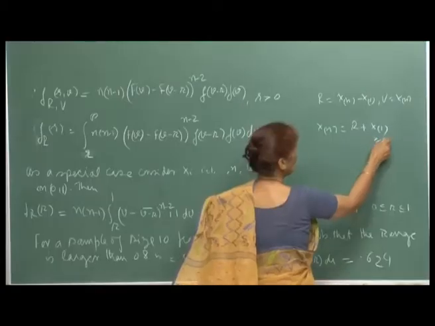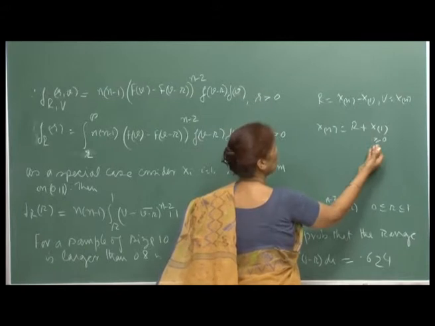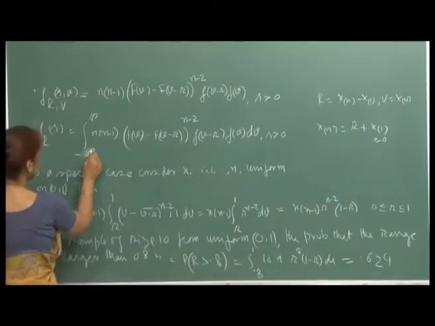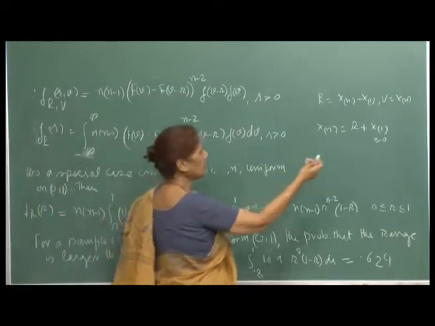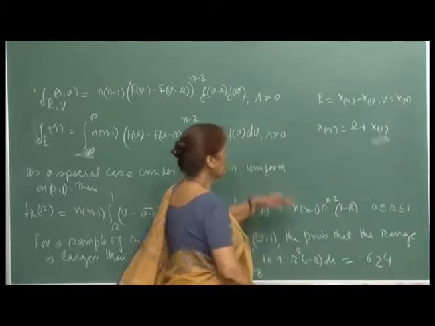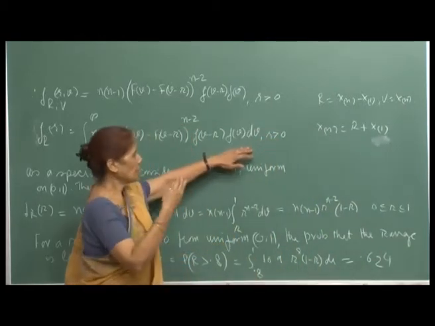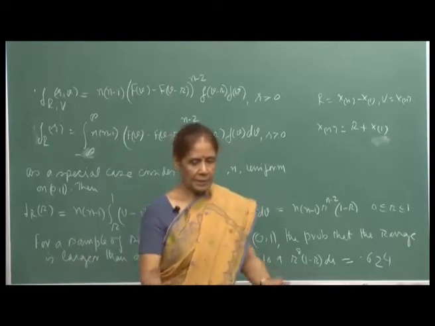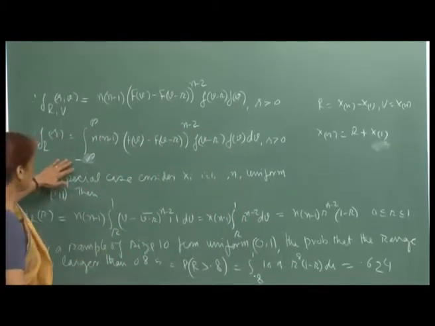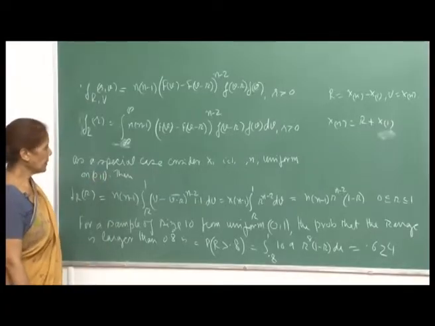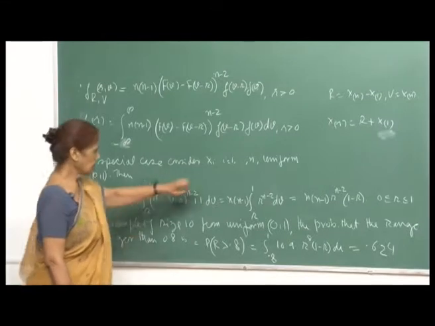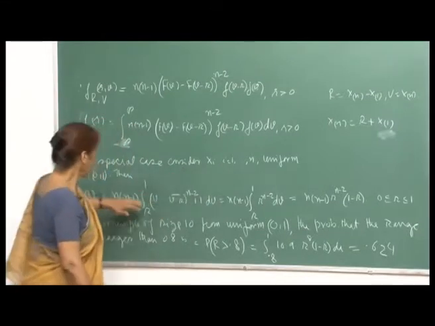So, since this is non-negative, then fine. In general it would be minus infinity, because x 1 in general we are allowing to vary from minus infinity, for a population which is from minus infinity to infinity. So, in that case this is fine. The integral in general we can write as minus infinity to infinity. Now, as a special case, consider the case when x i are from uniform 0, 1.